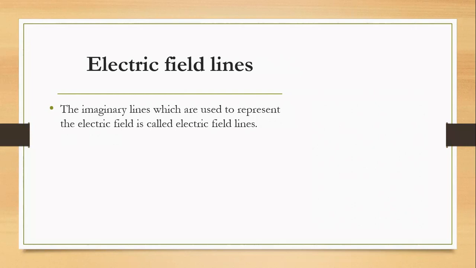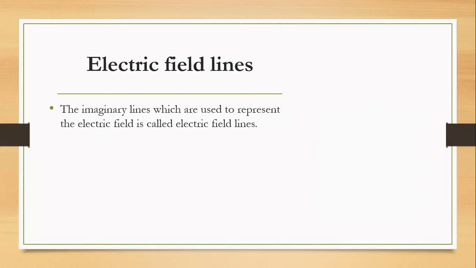How can we represent that a charge is creating an electric field? We can represent it by imaginary lines. We will draw the lines. Dear student, one thing you must keep in mind: these lines are imaginary, not real. In reality, charges do not form lines, do not form electric field lines.